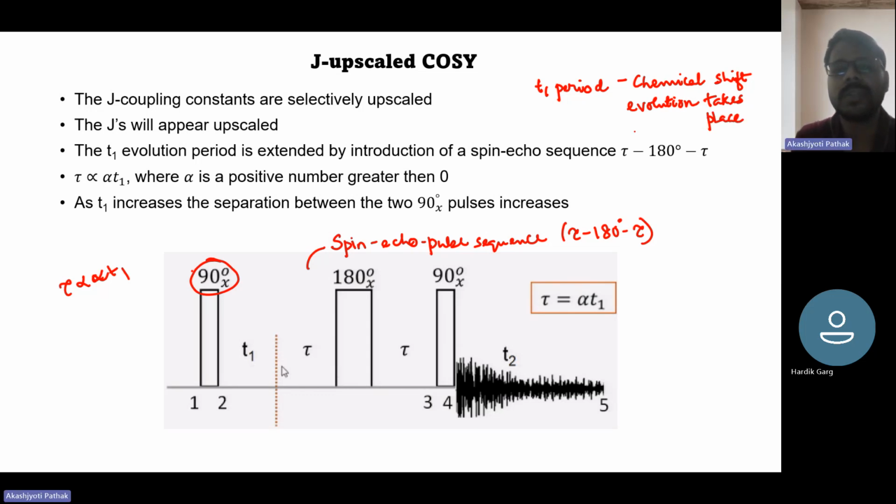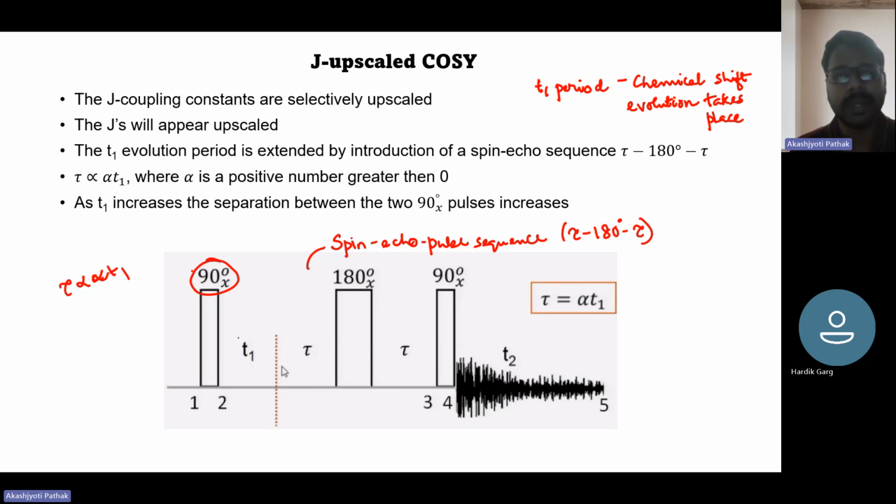Why will it only take place in the T1 time period? Because following this T1 time period, in the tau period, the spin echo pulse sequence will cause refocusing of the chemical shift.